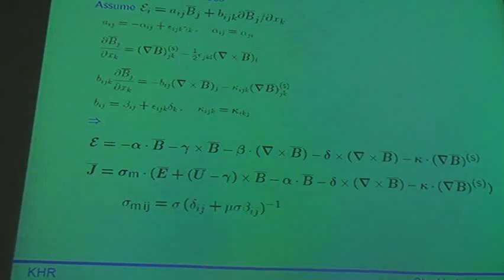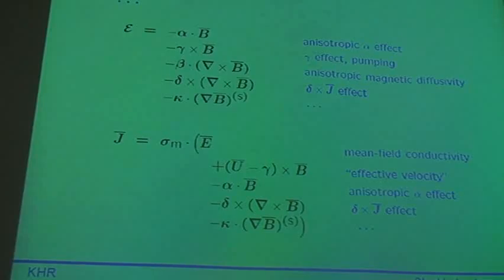And maybe you should look on the next slide. You have a term alpha times B. It is an anisotropic alpha effect. You have the gamma cross B term, now a general gamma. It is a gamma effect or pumping effect, as I explained to you. You have beta curl B. It leads to an anisotropic magnetic conductivity.